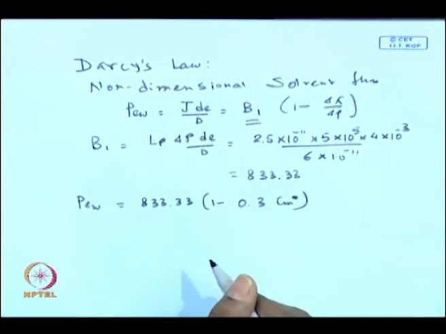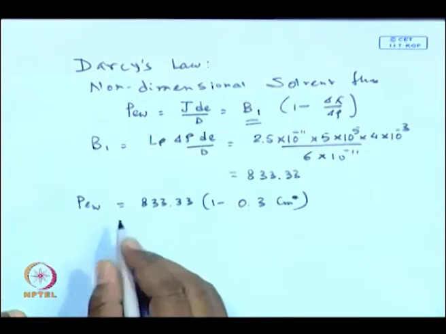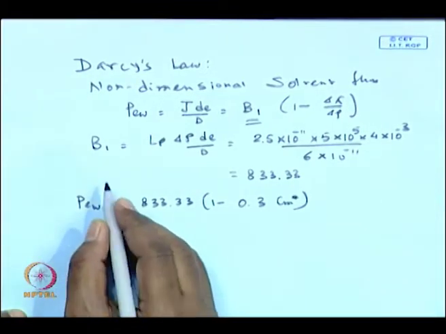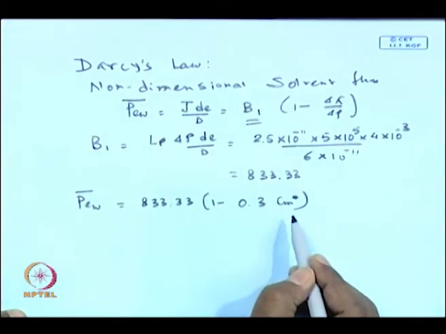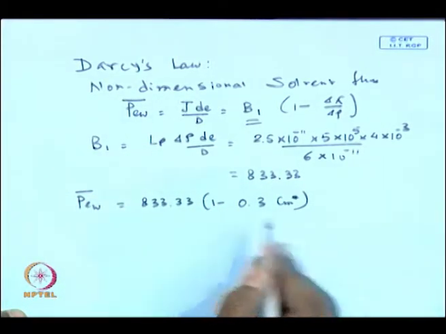If you look into the derivation of the shortcut method earlier, we have seen that this is a length average permeate flux. This cm star is the length average concentration on the membrane surface.